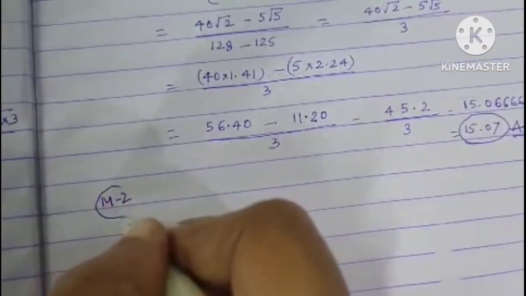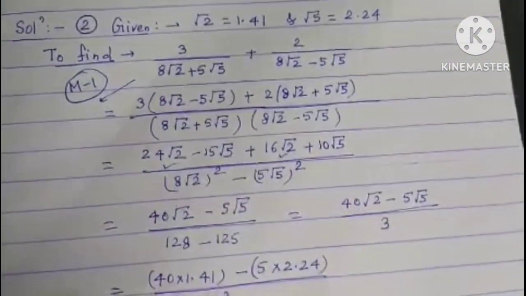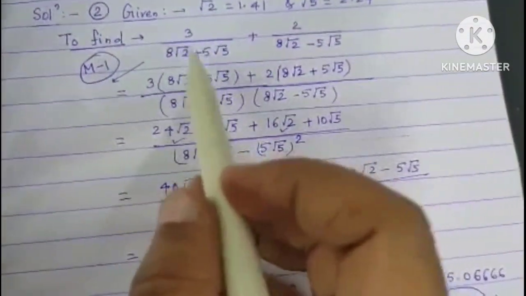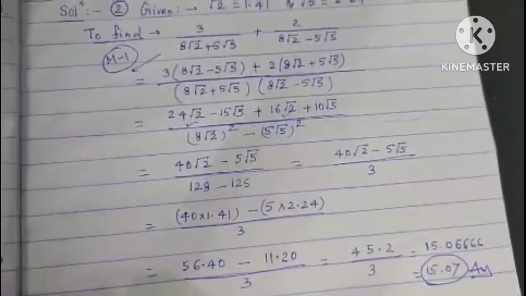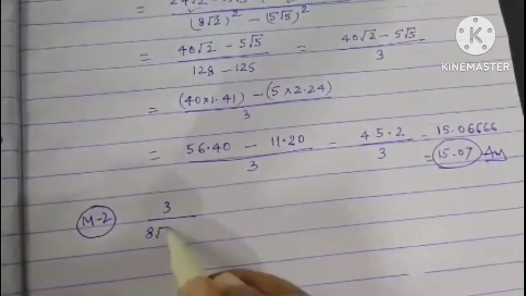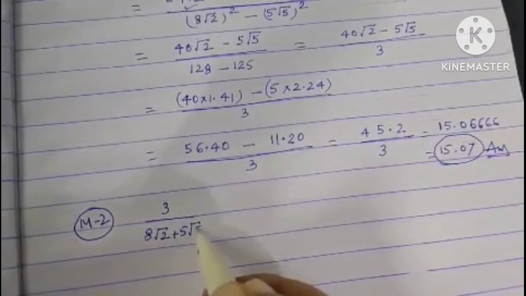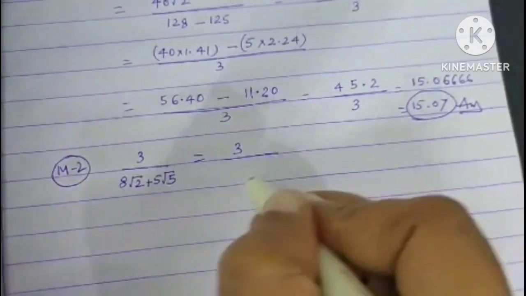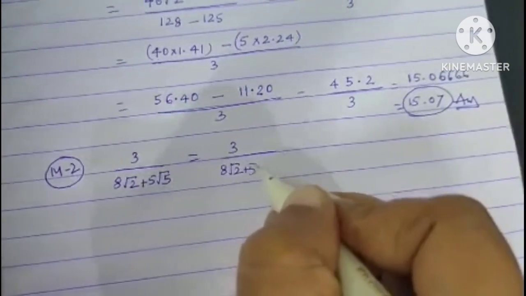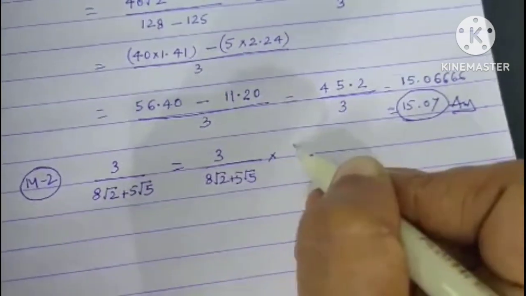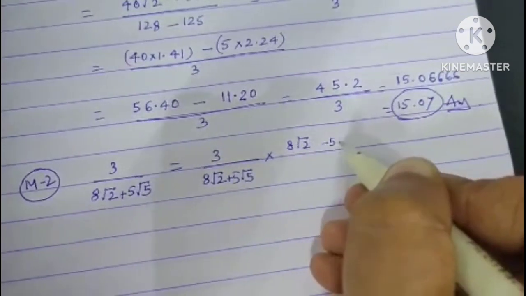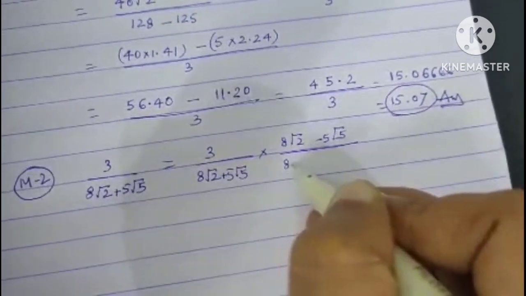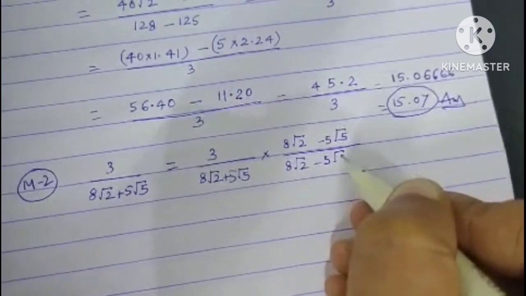You can do it with method 2 also. Method 2, what is method 2? You can separately rationalize the two parts. The first part was 3 by 8 root 2 plus 5 root 5, so you can do it: 3 by 8 root 2 plus 5 root 5 multiplied by 8 root 2 minus 5 root 5 divided by 8 root 2 minus 5 root 5.